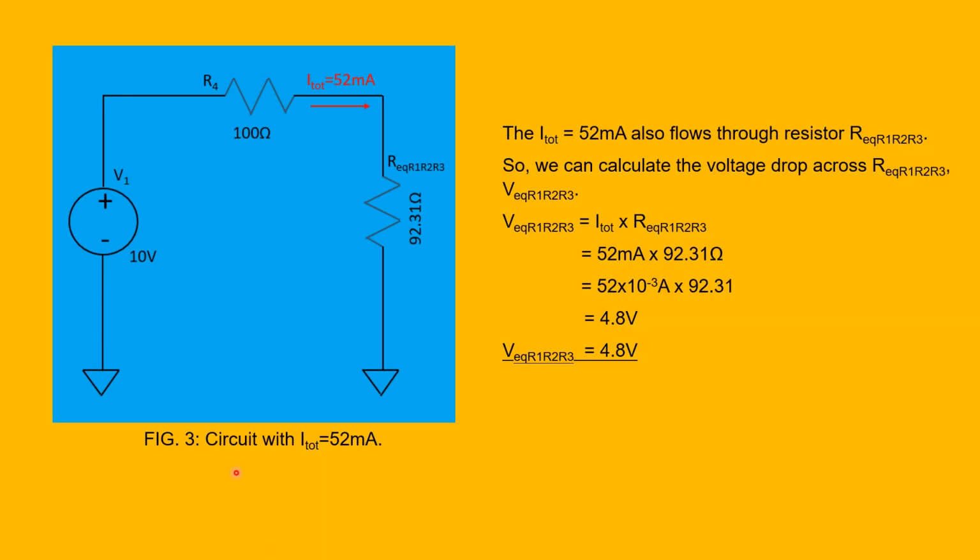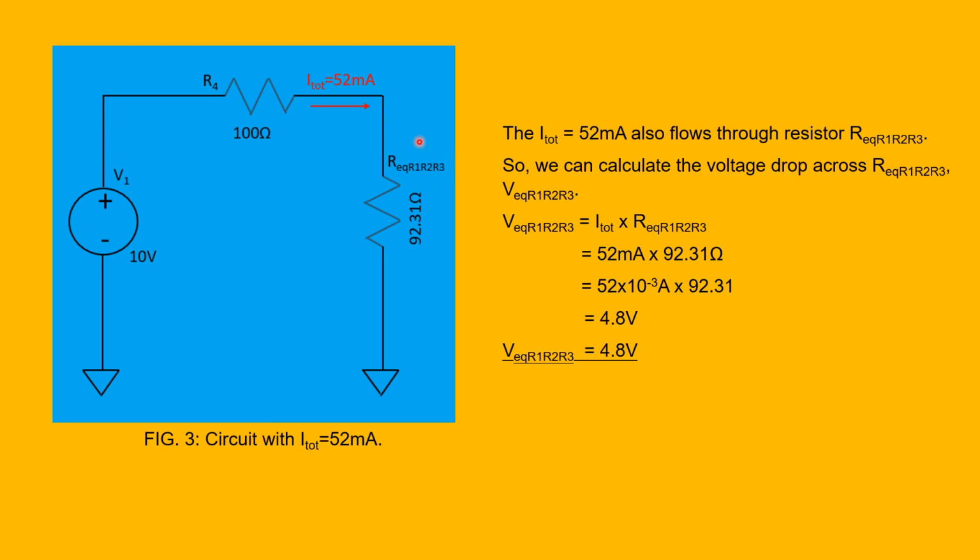So shown here in figure 3 is the circuit with the total current of 52 milliamps, indicated in red. But remember, I total of 52 milliamps also flows through this resistor, R equivalent R1, R2, R3.